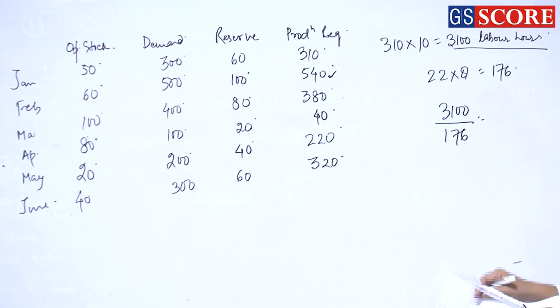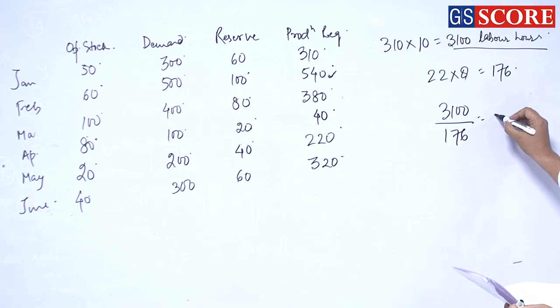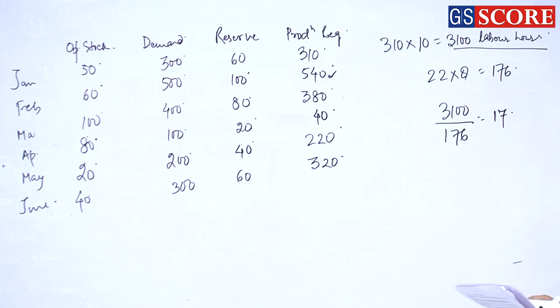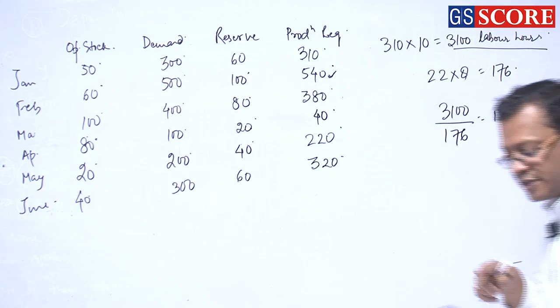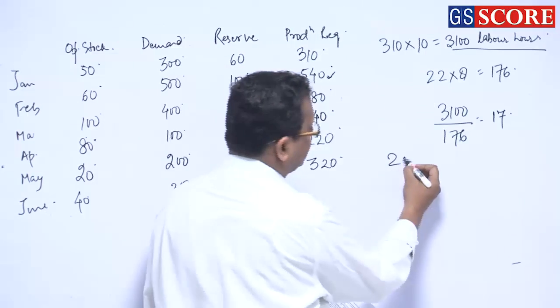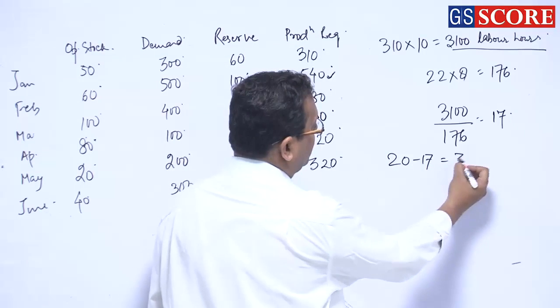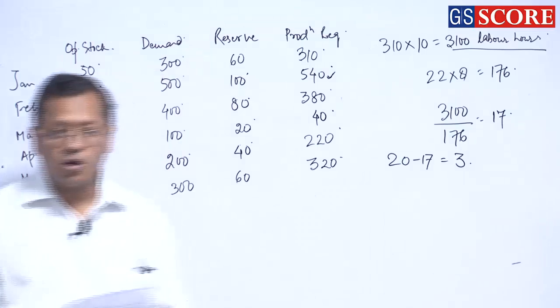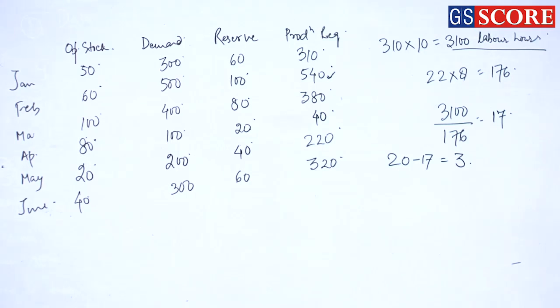Can you tell me the value of 3100 by 176? It is roughly 17. Approximately 17 workers are required. But it says 20 workers are employed currently, which means we have to lay off 20 minus 17, that is 3 workers to accommodate the whole demand.